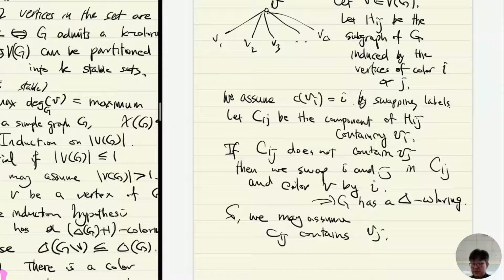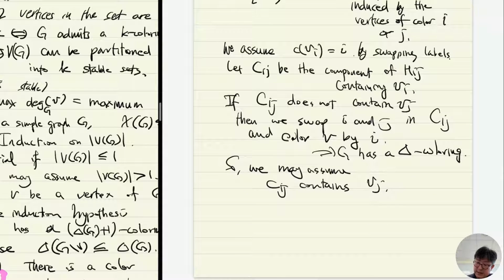Now, what else can you assume? What we are going to do is, the proof is different from the five-color theorem of planar graphs, because we don't have a Jordan curve theorem, so we need to use some other argument. So that already means that Cji is also equal to Cij, because Cji contains Vj, and they are the same component.